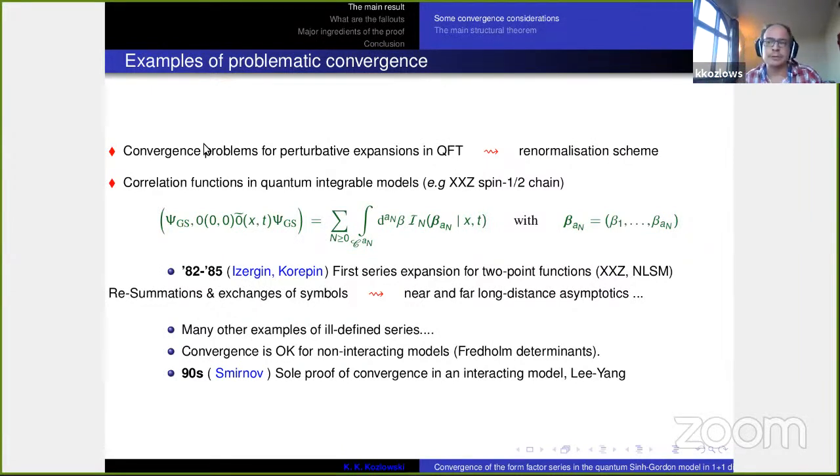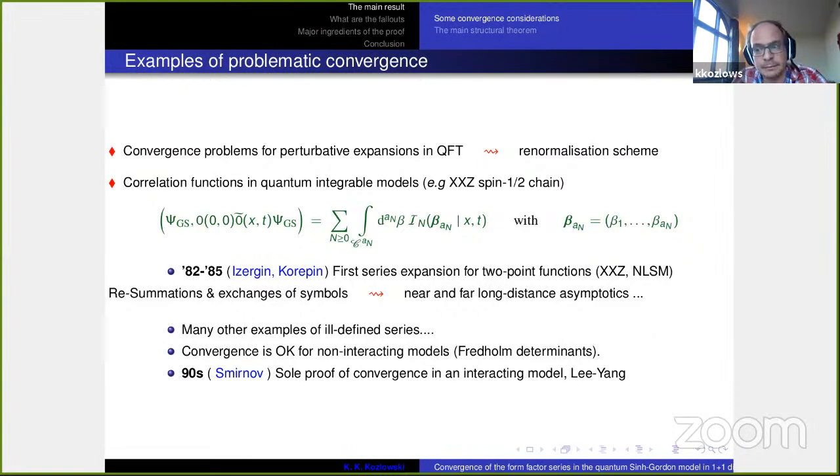They were splitting the series, doing some resummations, exchanges of symbols. They ended up eventually with some form of series, and they arrived at some asymptotics which were contradicting conclusions of universality. The only way out of this problem is that at some point one was ending up with ill-defined, non-convergent series.